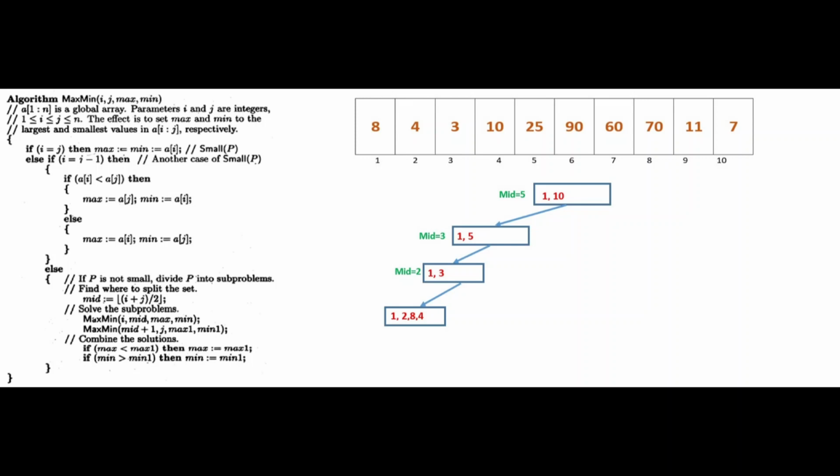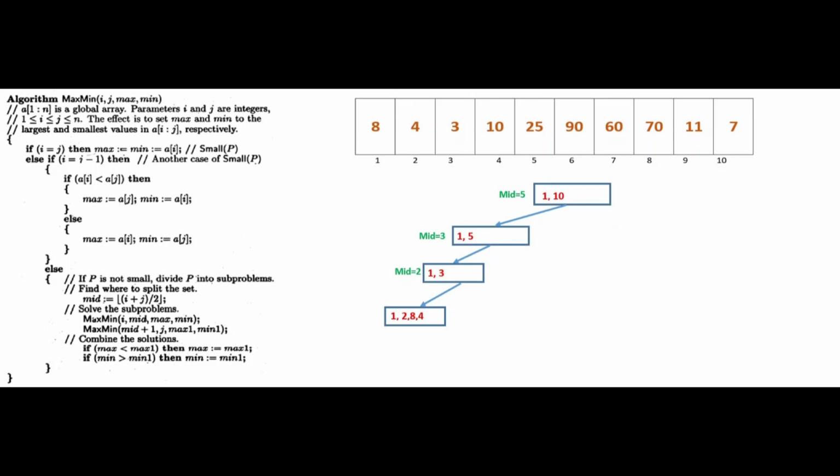Now we are in that algorithm. We have three values for that algorithm: I is equal to 1, j is equal to 3 and mid is equal to 2.